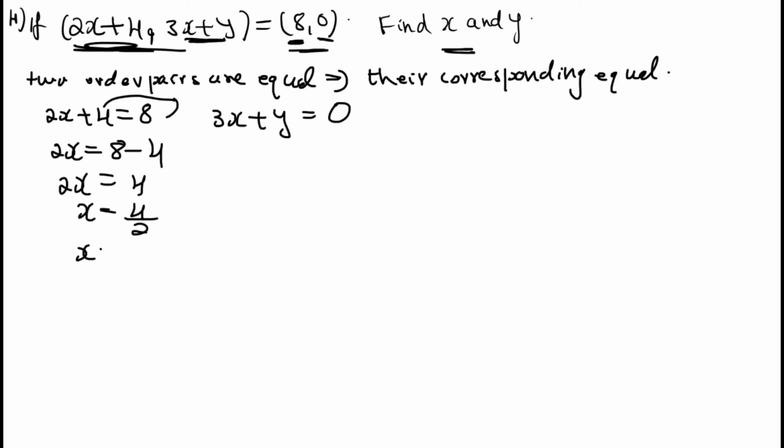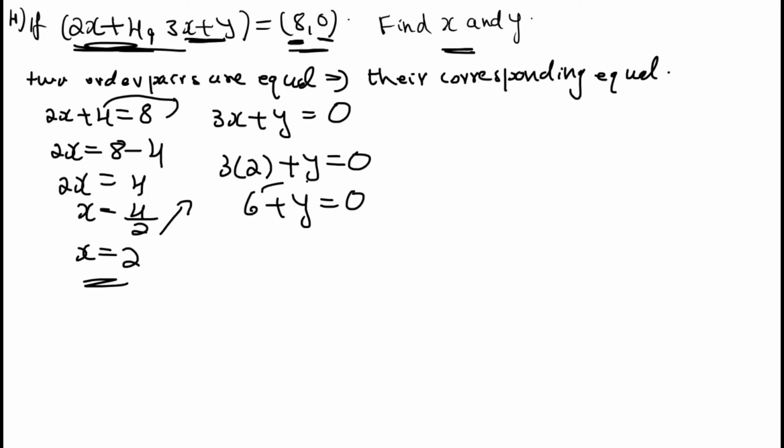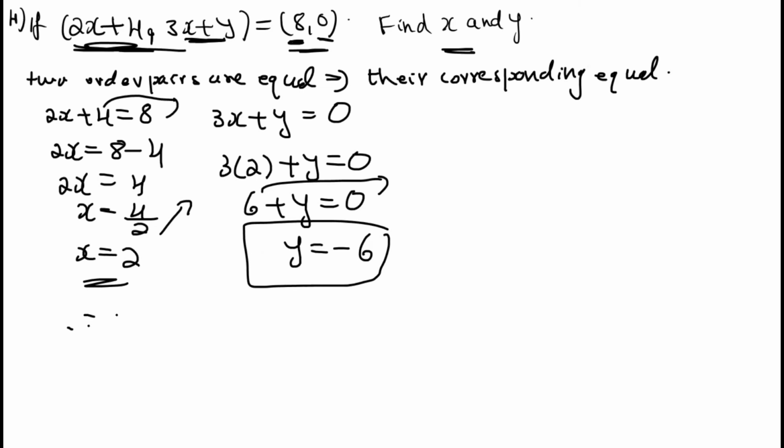That implies the x value is equal to 2. Here substitute x equal to 2: 3 into 2 plus y equal to 0. 3 into 2 is 6, so 6 plus y equal to 0. Take 6 to the RHS. y is equal to -6. Okay, so x value is equal to 2 and y value is equal to -6.